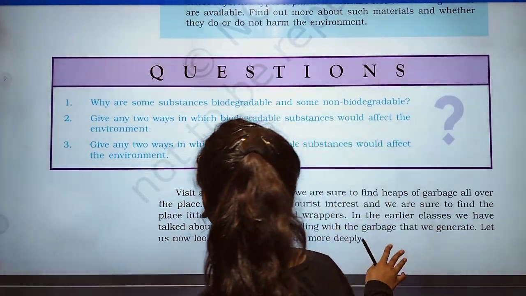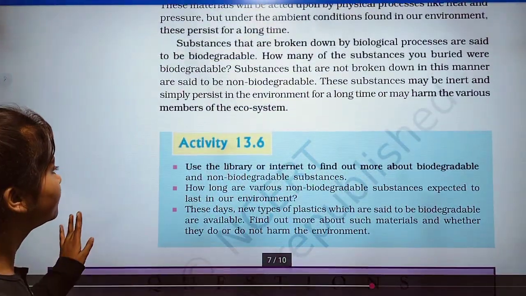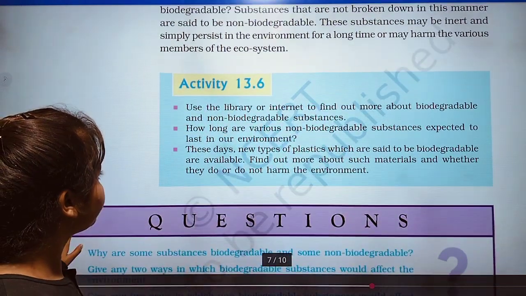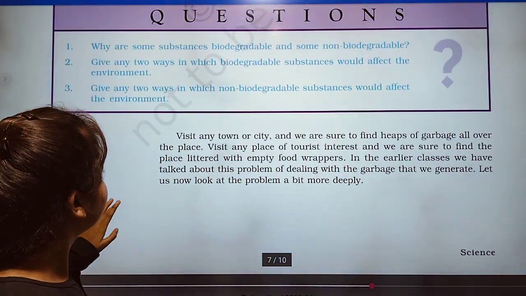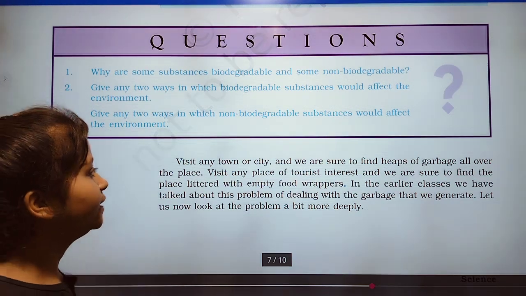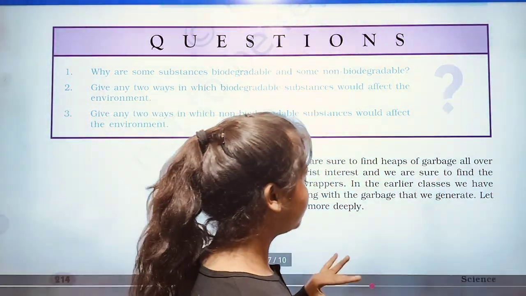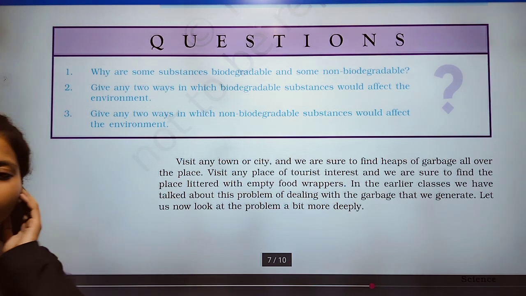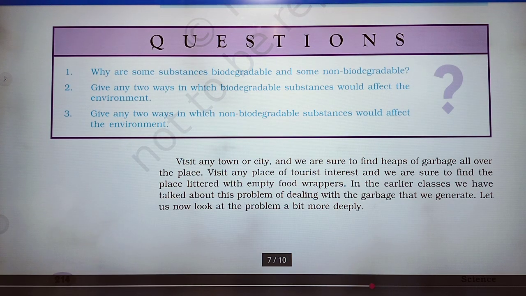Now, here is the activity again. Visit any town or city, and we are sure to find heaps of garbage all over the place.